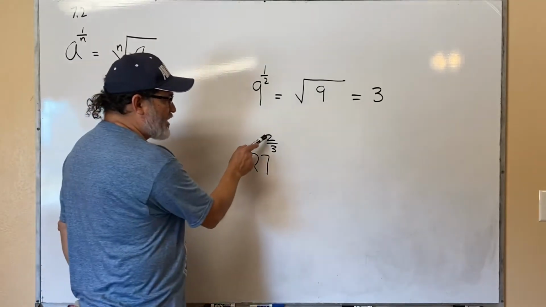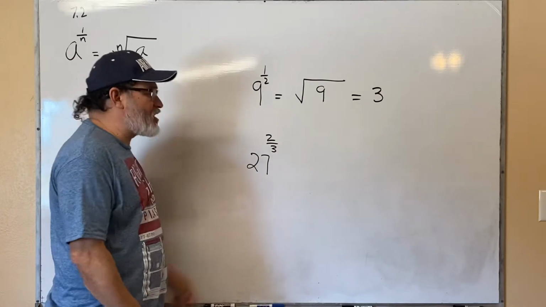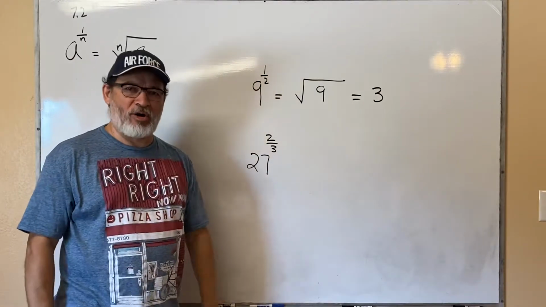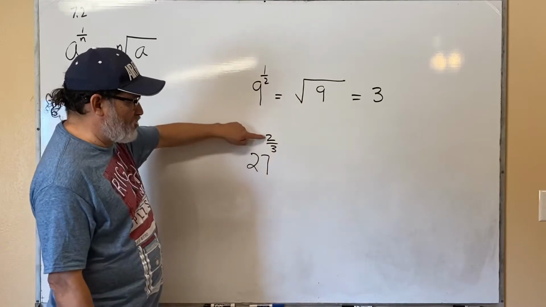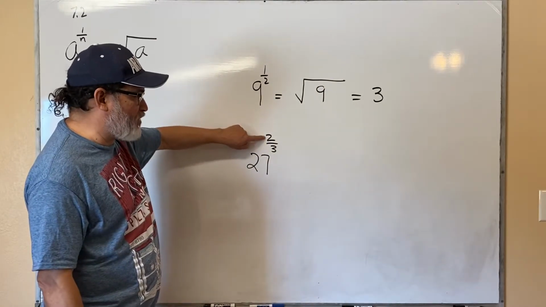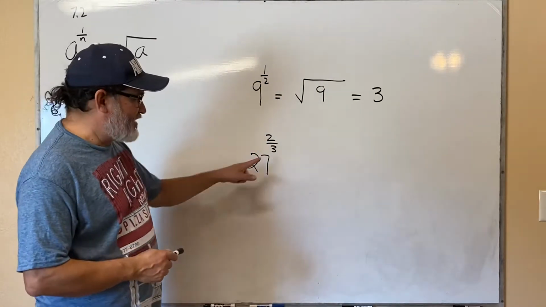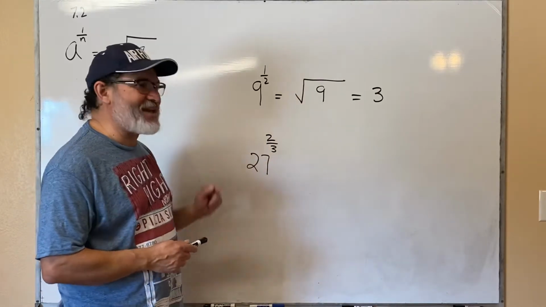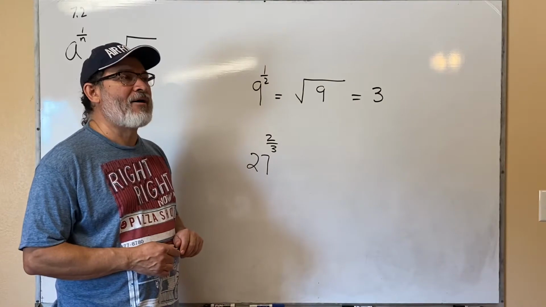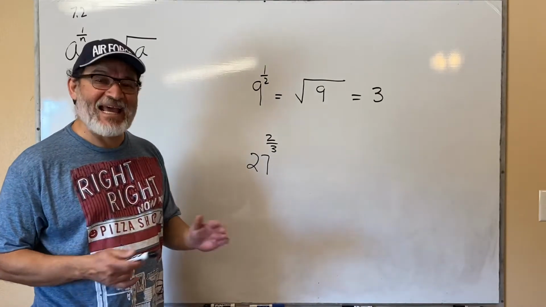This numerator in the rational exponent is the power. And this 27 is the radicand.